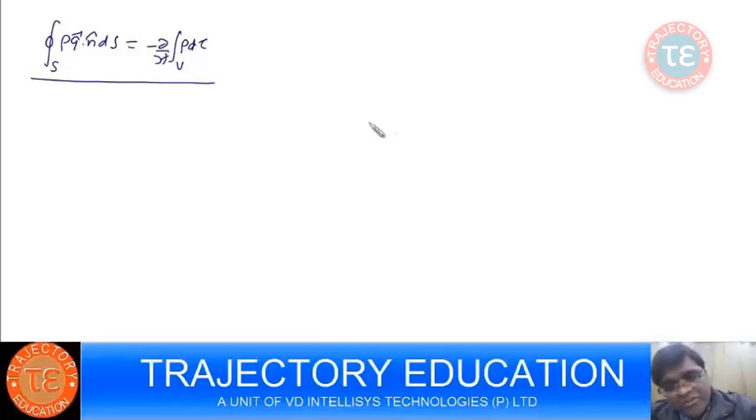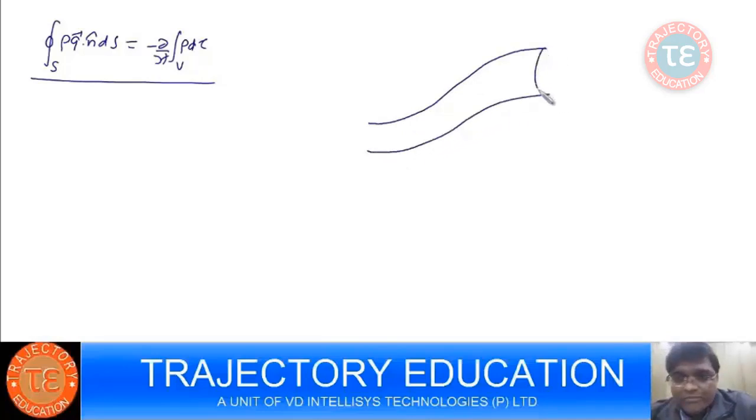See, in 10 plus 2 what you have read is basically a flow tube. This is a flow tube. It's a tube of flow with no leakage. The fluid is entering over here with, say, velocity q1 and comes out with the velocity, say, q2.